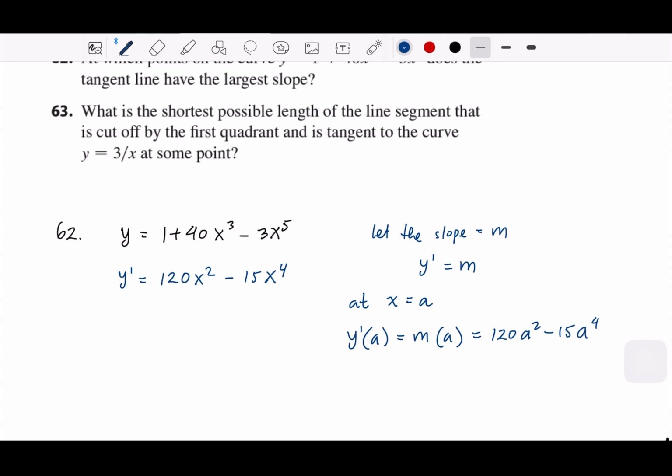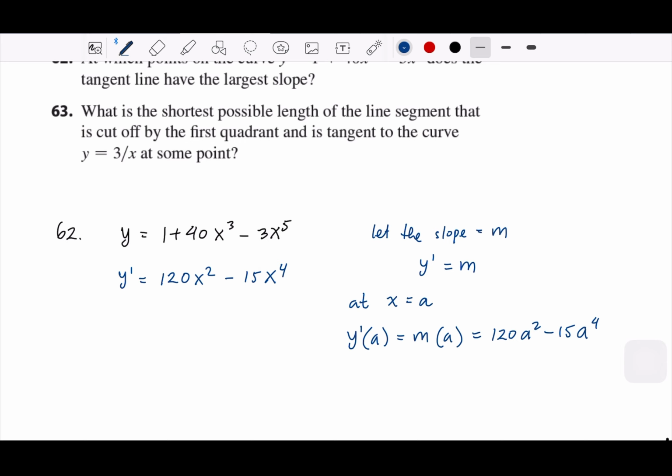Do you get that? Because the slope is the one being asked, the largest slope, there will be several slopes, right? So it's asking for the slope that will be the largest possible. So that's the one we are going to find. When we put some point a, we want the slope to be as large as possible.